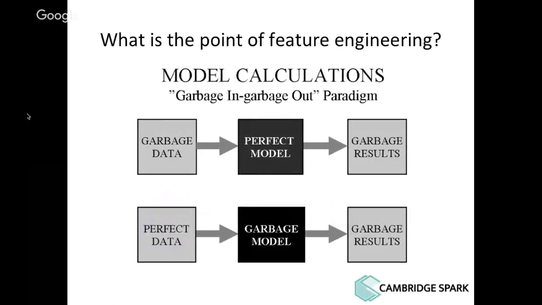So just before we get started, the whole point of feature engineering is this idea of garbage in, garbage out. And I'll probably keep referring to that throughout the webinar, but the point is, if you don't spend time making sure your data is clean, and you've removed outliers, you've removed missing data, things like that, then no matter how good your modeling skills are, no matter how sophisticated your model is, it's going to impact the results that you get out.